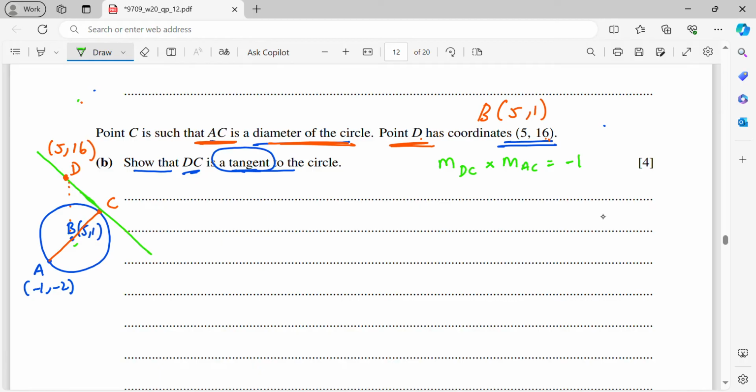Okay, so obviously from here, the B is a center, the AC is a diameter, which means the B is the midpoint of AC. Oh, sorry, B is the midpoint of AC because AC is a diameter.